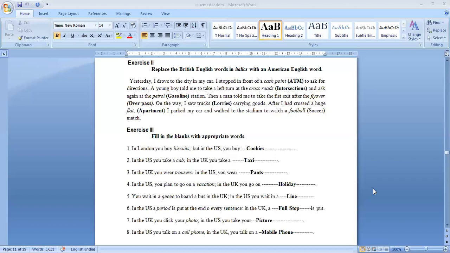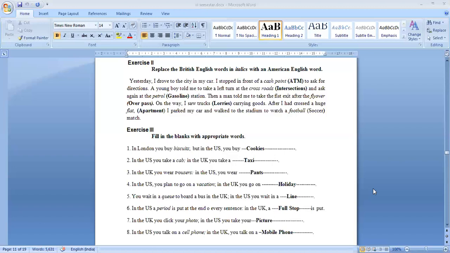Then a man told me to take the first exit. He told me to go out through the first exit after the flyover. British people call this a flyover, which is built to go over a road for traffic convenience.